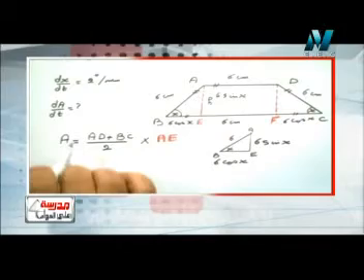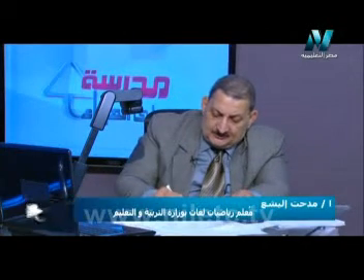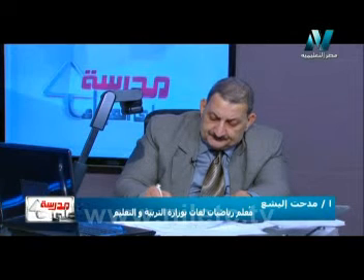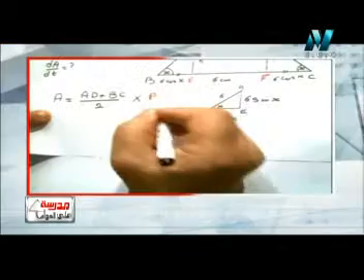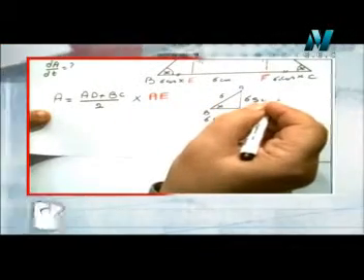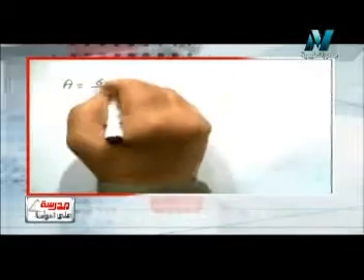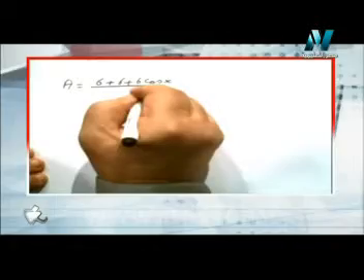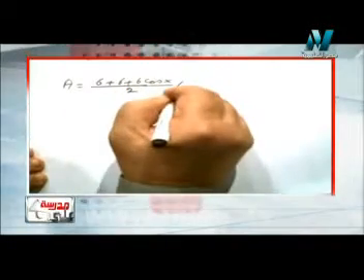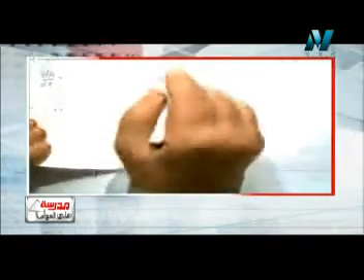Now we have to substitute in the area. Therefore A equals base AD, which is 6, plus base BC, which is 6 cosine x plus 6 cosine x plus 6, so 6 plus 12 cosine x, over 2, multiplied by the height, which is 6 sine x.